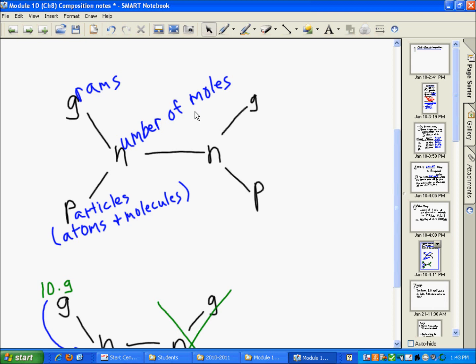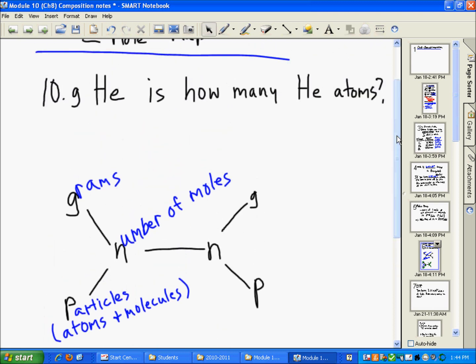And there are, as you can see, two sides to the mole map. So you have a GNP on one side and a GNP on the other side. And the reason there are two sides to the mole map is that there are chemistry calculations that will often deal with two different substances. In the problem I've given you, and I think all the problems in Chapter 8 of Zumdahl on chemical composition, only deal with one substance.